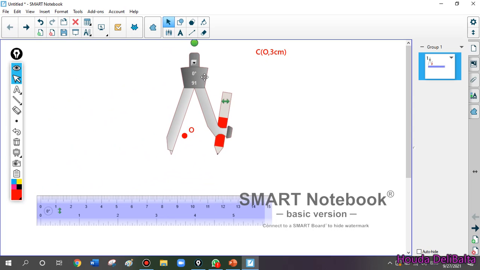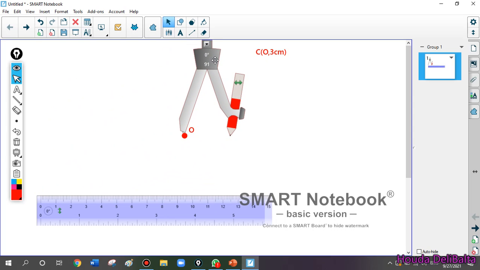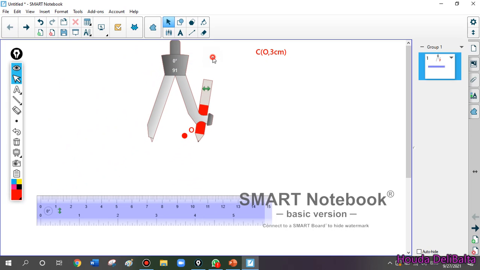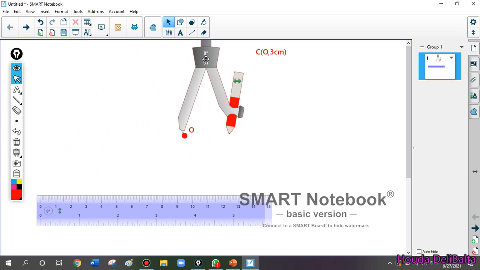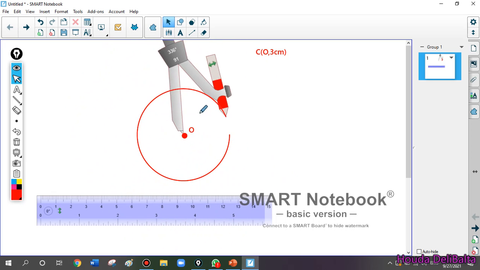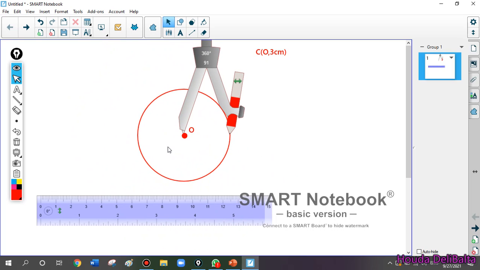Now I take the compass and put the needle on the center. Notice I put the needle on the center, and now I don't have to change the opening. And I need now to draw the circle with center O and radius 3 centimeters as you see here.